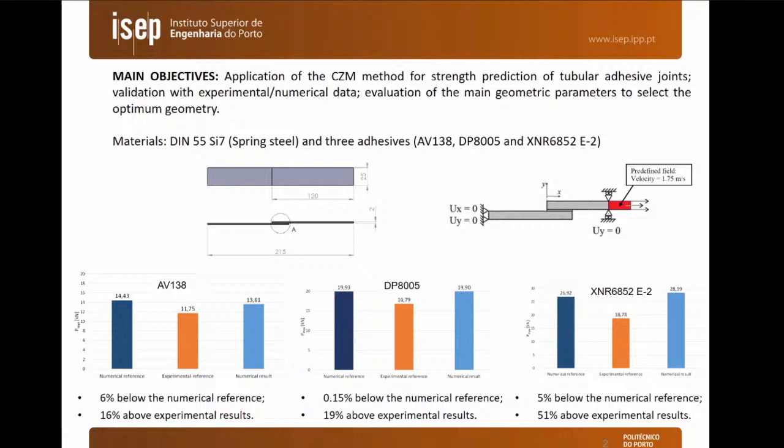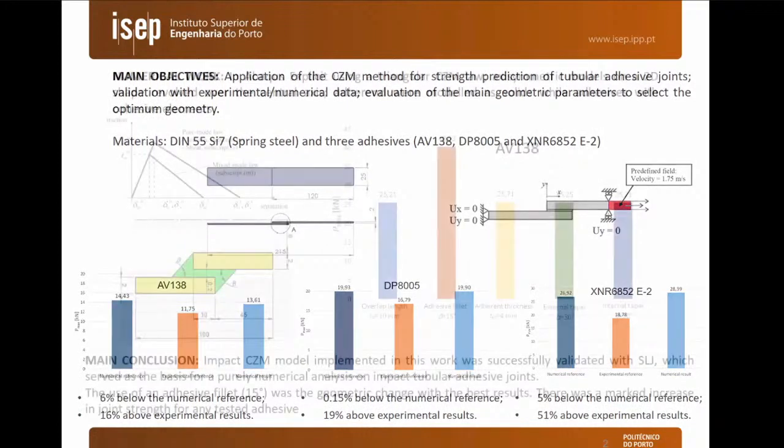This can be explained because sometimes it's very hard to reproduce experimental data in numerical work, and some issues can be attributed to imperfections in the joint fabrication, load cell accuracy, and possible misalignments in the testing machine.